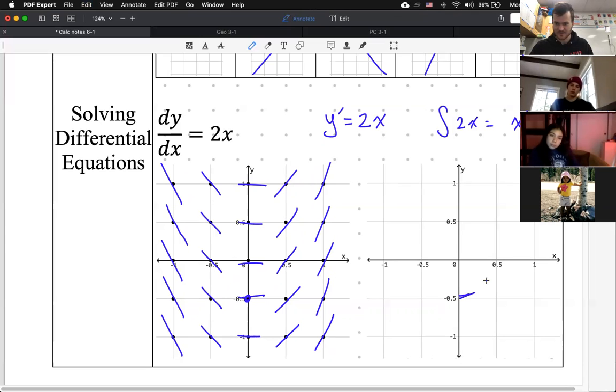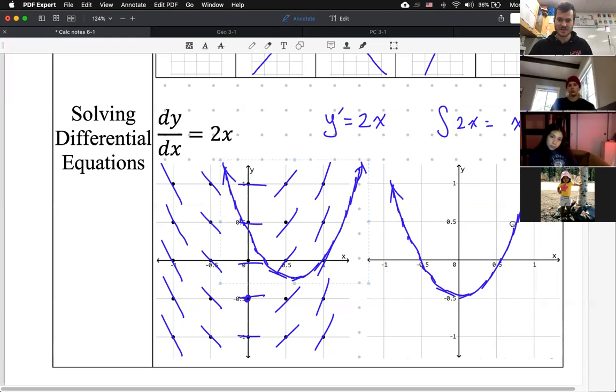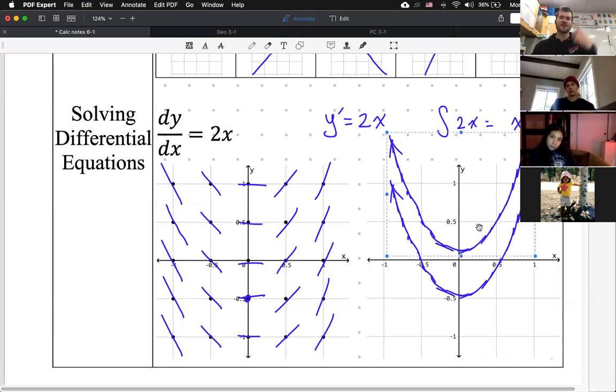One of the solutions might have been something that looked like that, because I chose my C to be negative 0.5, and it just follows the lines of my slope field. Or maybe, and I can use technology and copy and paste this, what if I change my C to something else? Well, it would just shift the function up and down, because that's literally what's happening here. It's a quadratic equation, just x squared, your parent function, and I'm just shifting that up and down by C. And that's what all of these lines are telling you.